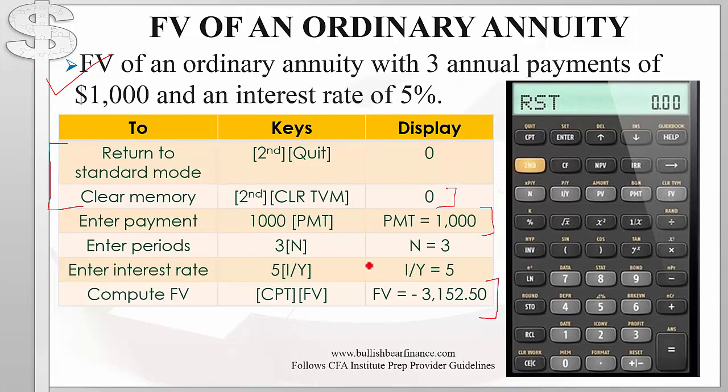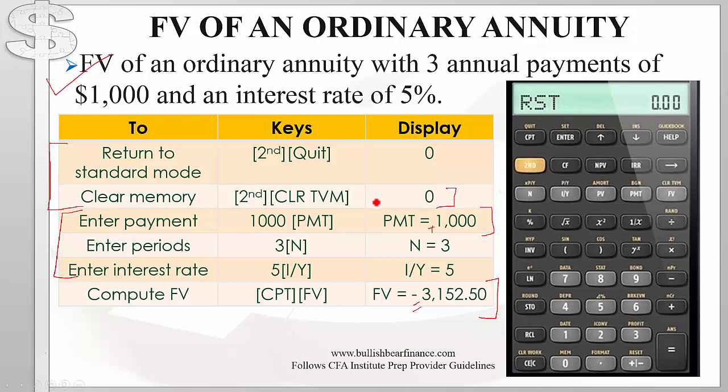You would notice that this is a negative amount, whereas your payment was positive, and that will always be the case. The future value or present value would always have a sign which will be opposite to the payment sign. The other thing to notice is that you don't need to enter these amounts in this particular order.